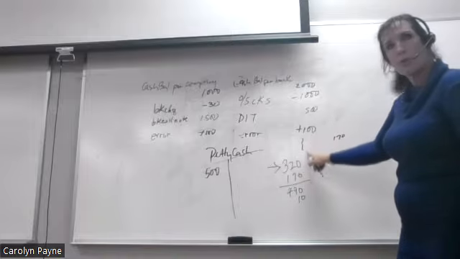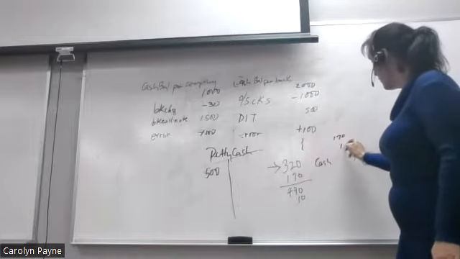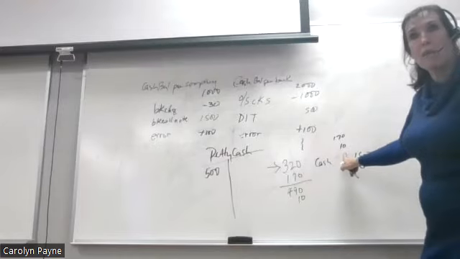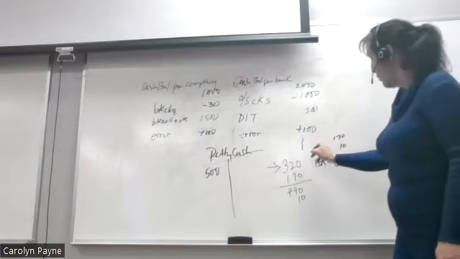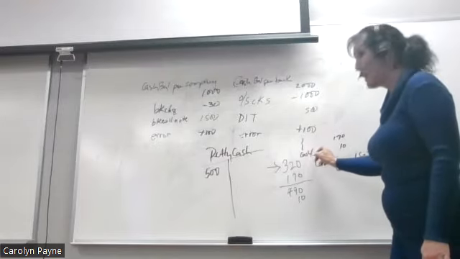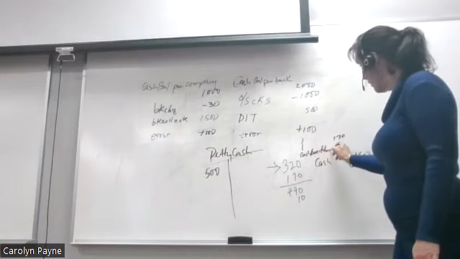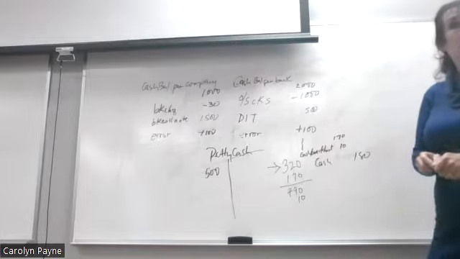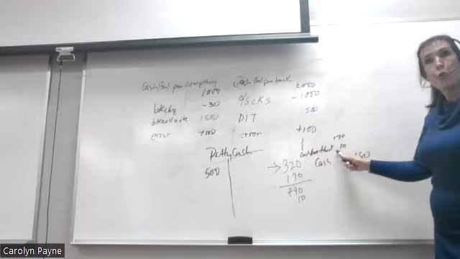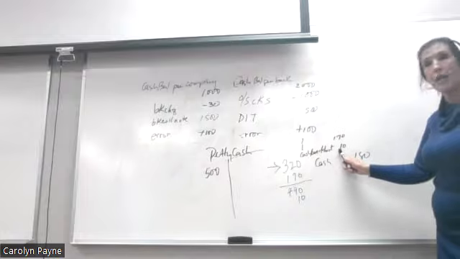So all the receipts you're going to account for that way. Then you have $10 that you don't have a receipt for. We're going to debit cash over and short for $10, because in this case we're short $10.